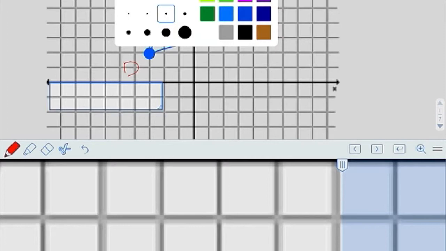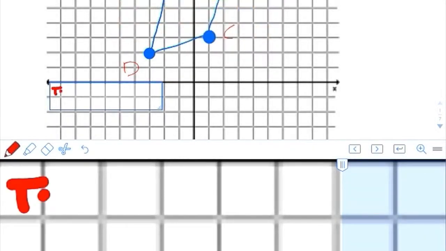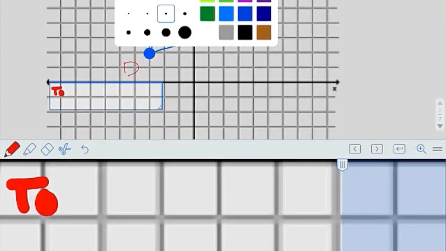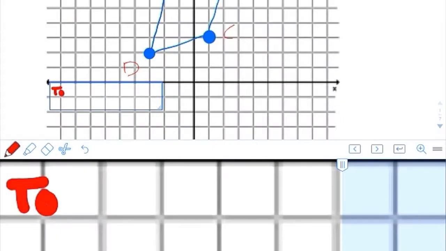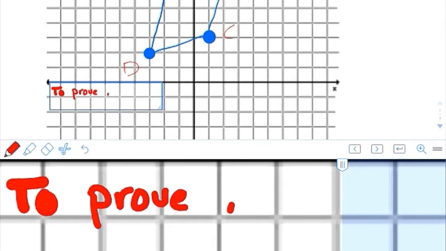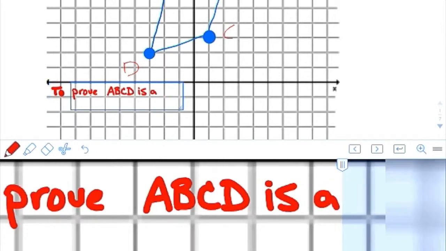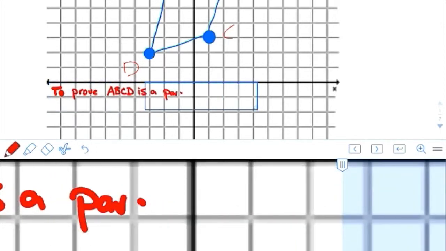Oh, I don't have a pen yet. Hold on. Okay. So way too big. Okay. So to prove, and the way you write this quadrilateral, you can just list the points, A, B, C, D is a parallelogram.